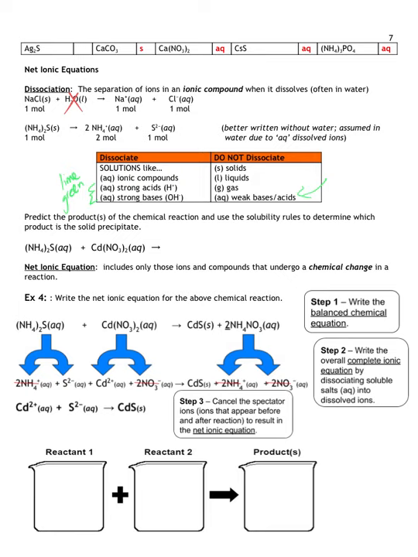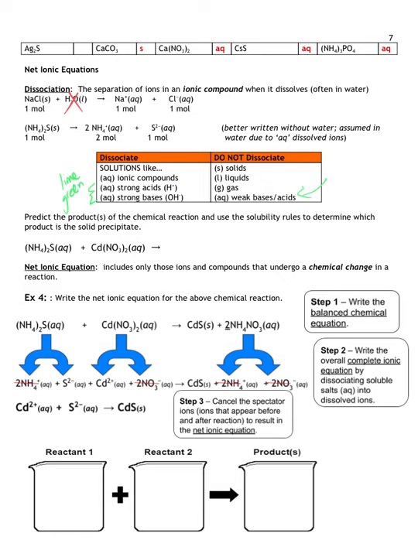All right, let's take a look at our first problem as far as working our way to what is called the net ionic equation. Just a reminder, the net ionic equation is a derivative form of the balanced equation, but it focuses on the driving force and all the species that undergo a chemical change.